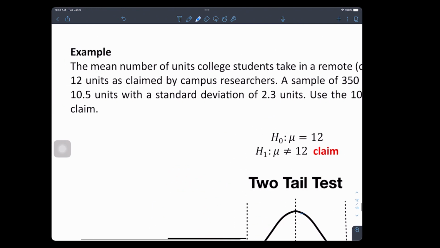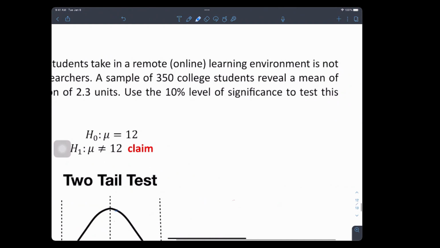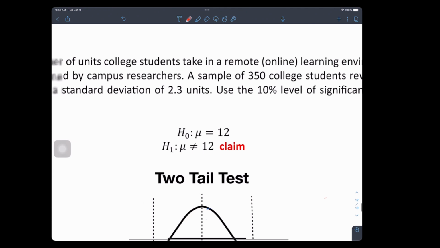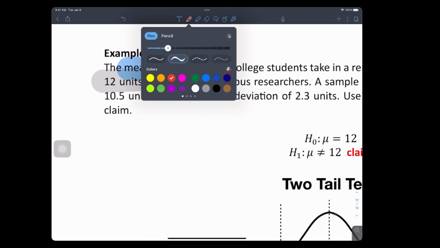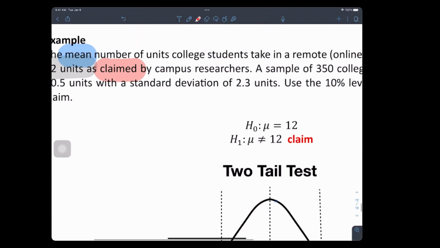So it says, the mean number of units college students take in a remote learning environment, what does that say? Is not, how do we represent is not? Is not equal to what? 12, as claimed by campus researchers.